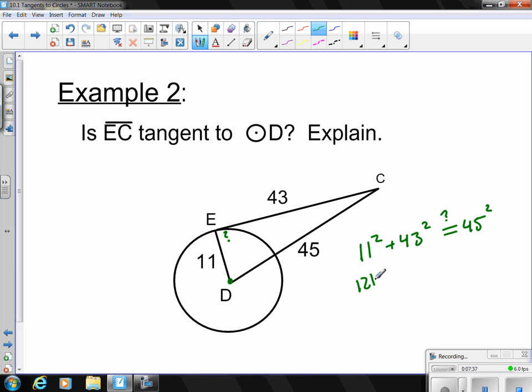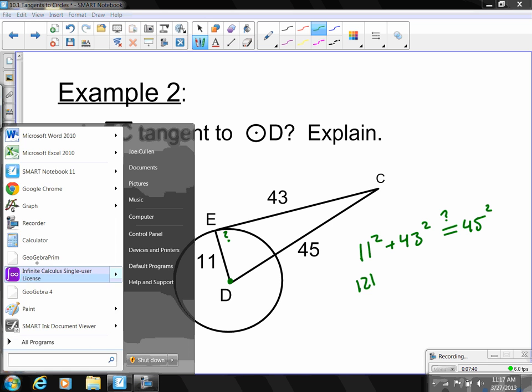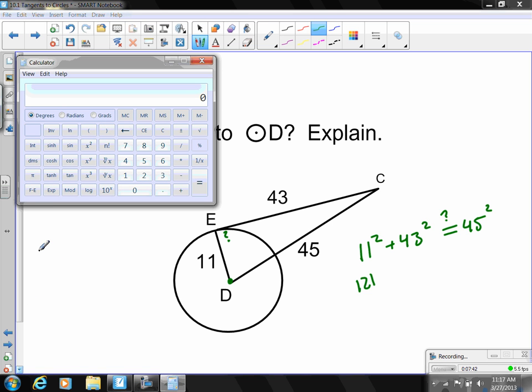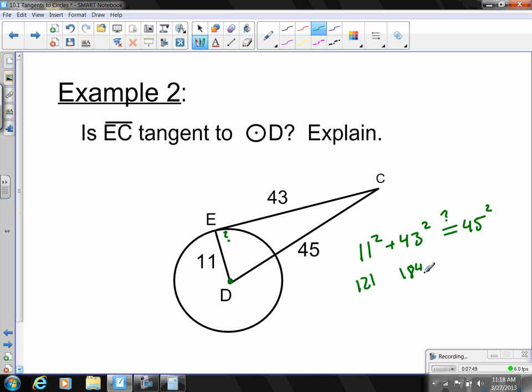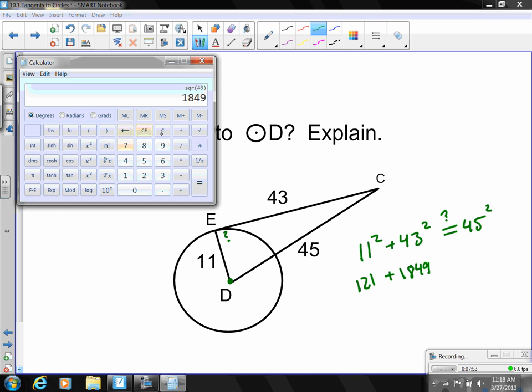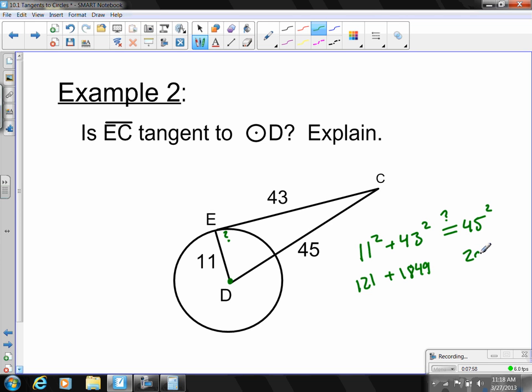Squaring that, that's 121. And get the calculator out and take 43 squared, 1849, and 45 squared, 2025. And we ask ourselves, are these things equal? Looking at just the back two digits, if I had 21 plus 49, I'm going to get 70.